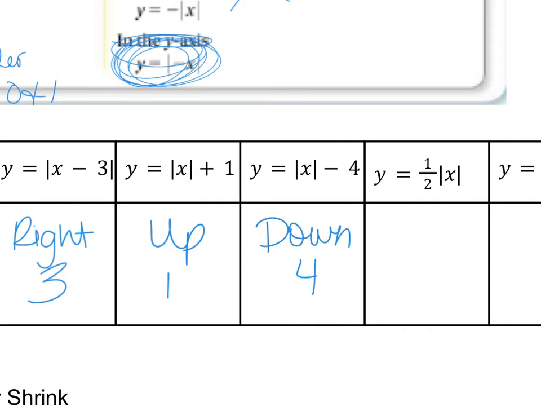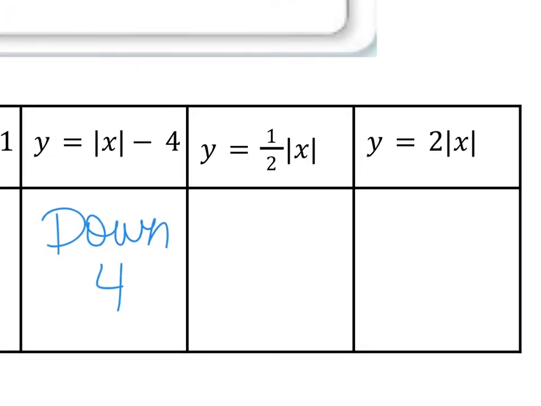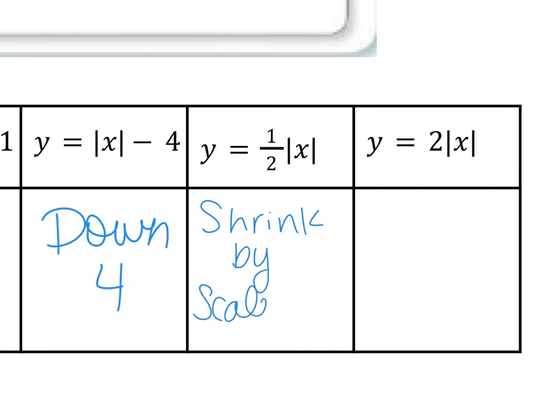Okay, and now we have a fraction out front. So if it's a fraction between 0 and 1, that's going to be a shrink. Whenever you have a shrink, you always have to give a scale factor. So the scale factor is 1/2.